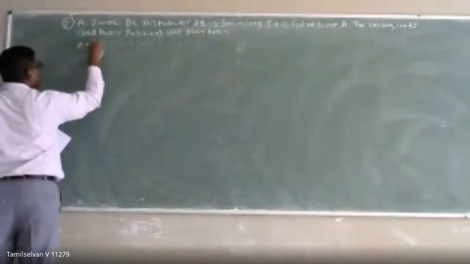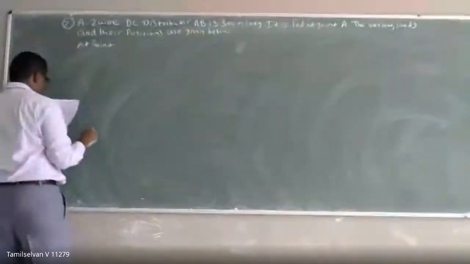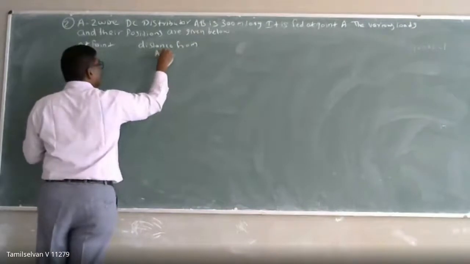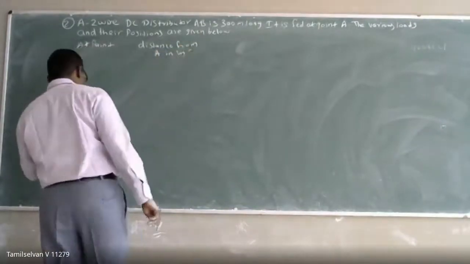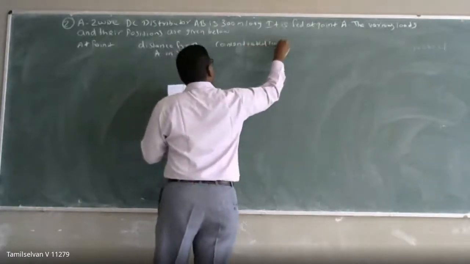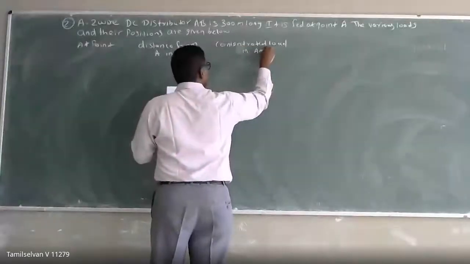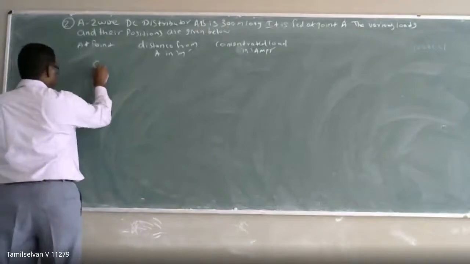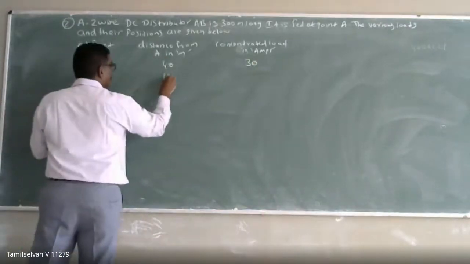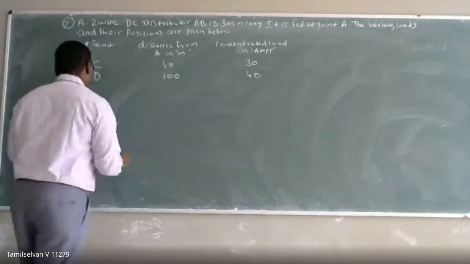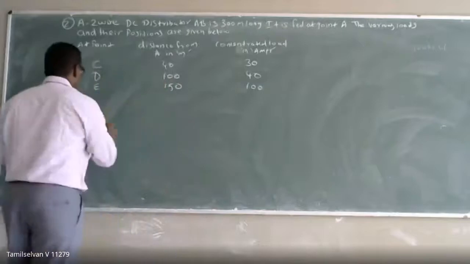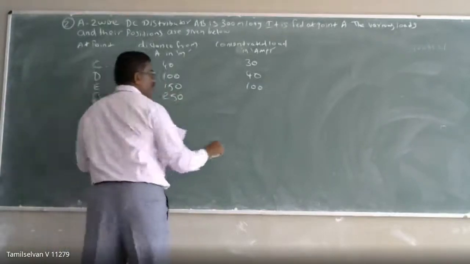At point, distance from A in meters, concentrated load in amperes: C, 40 meters, 30 ampere. D, 100, 40. E, 150, 100. F, 250, 50.